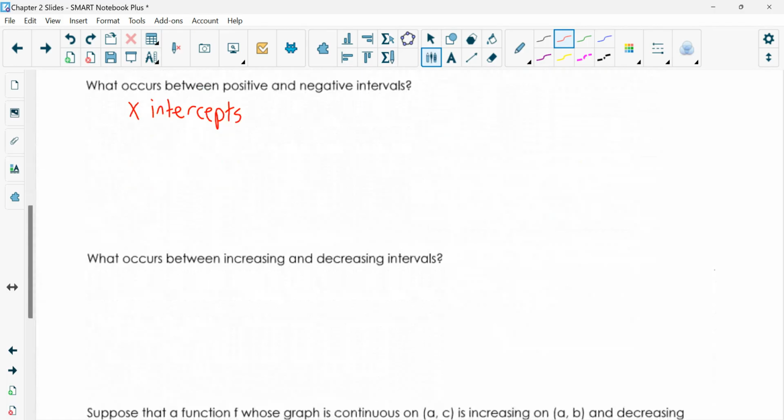So if you go from increasing to decreasing, it would look something like that, increase and decrease, so that creates a max. And if it goes from decreasing to increasing, that would look something like this, that creates a minimum.